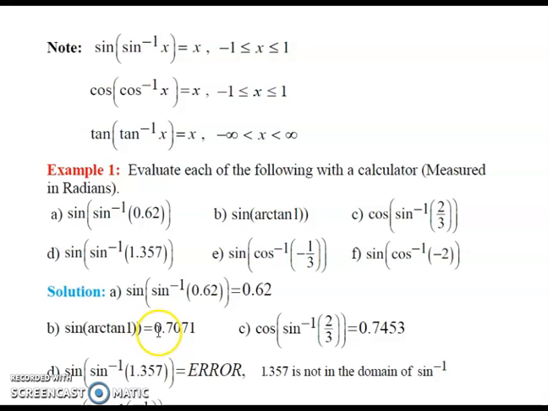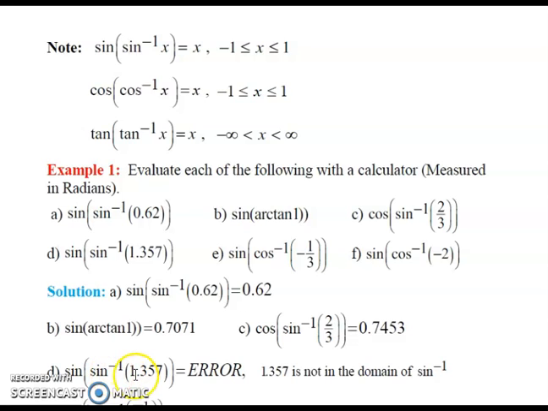We will get 0.7071. Cosine of sine inverse of 2/3: first we have to calculate sine inverse of 2/3 by using the calculator and apply cosine. We will get 0.7453.